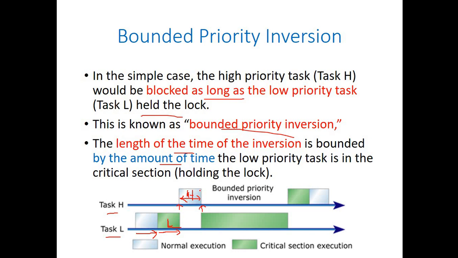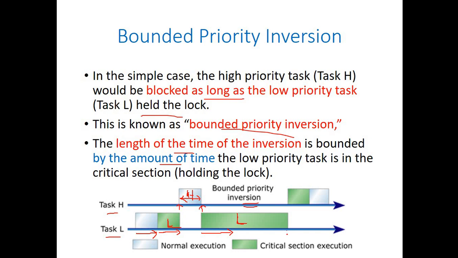Task H will go to a waiting state and then it will let task L enter into the critical section and complete the rest of its critical section execution. So this is called bounded priority inversion. That means task H is made to wait for the completion of the low priority task L.